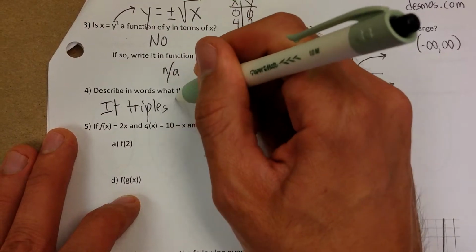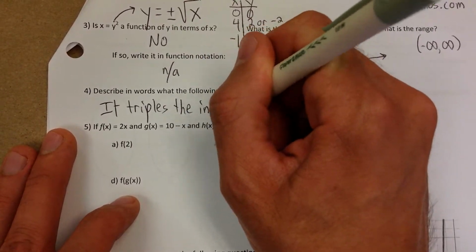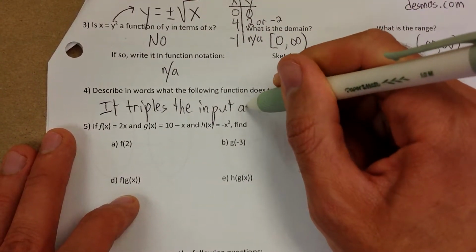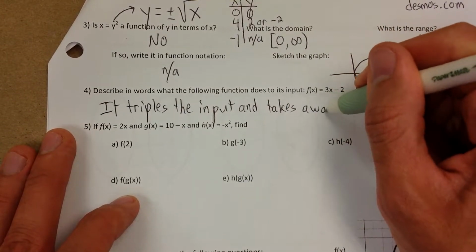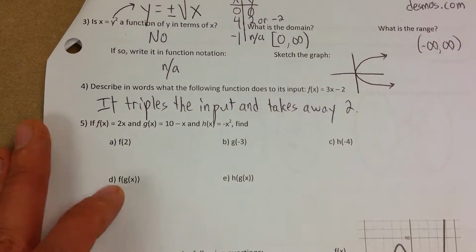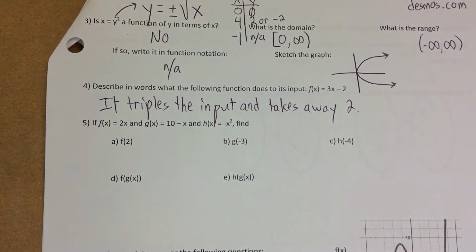It triples the input and takes away 2, which is essentially what Julia said. I just chose different words. You can think of functions as number machines. And if you study engineering, you find out that a lot of applications of functions are to describe actual machines or actual physical processes with some type of mathematical equation.